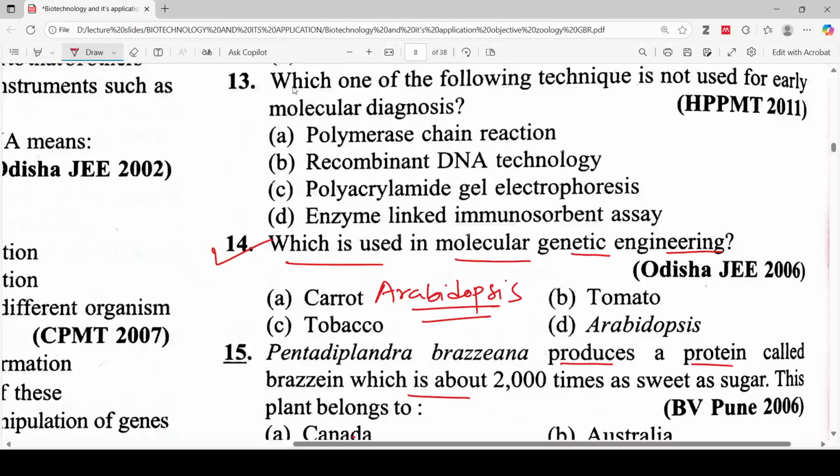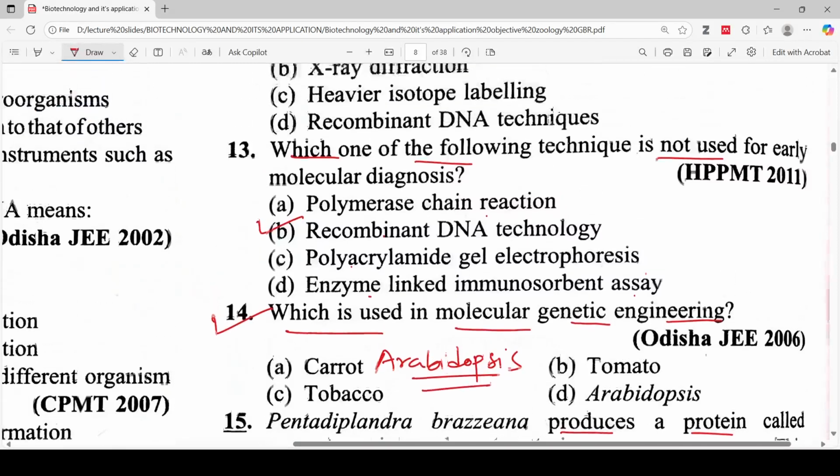Next question. Which one of the following techniques is used for early molecular diagnosis? Polymerase chain reaction, recombinant DNA technology, polyacrylamide gel electrophoresis, enzyme linked immunosorbent assay. So the correct answer is option B, recombinant DNA technology.